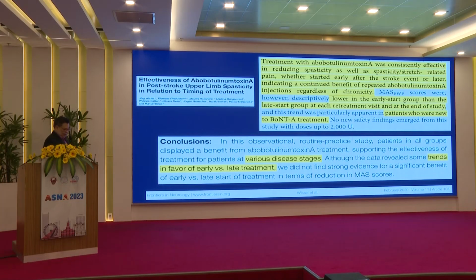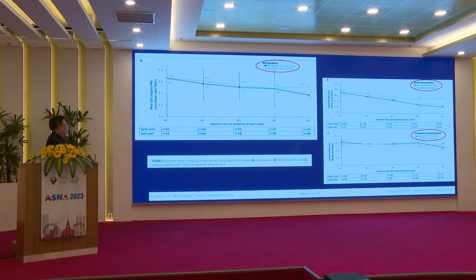And what happened was that they found out that in all their cohort of patients, it seems like the early start interventions were having a tendency, but not significantly, to compare better than the chronic late intervention in terms of reduction of the modified Ashworth scale for hypertonicity.